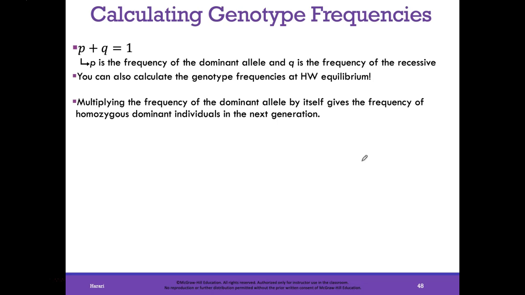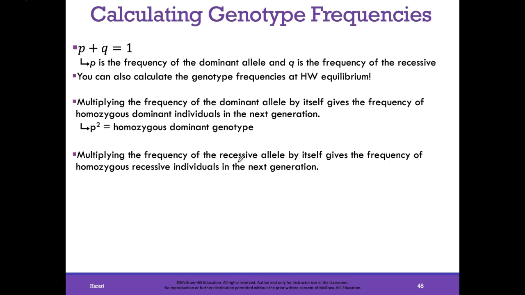If a certain proportion of alleles are dominant, that's P. So what is the chance of getting 2 dominant letters? Right? What is the chance of getting this and that? So that would be P squared. You're taking the frequency of the dominant allele and multiplying it by itself. And that's the probability of getting a homozygous dominant genotype.